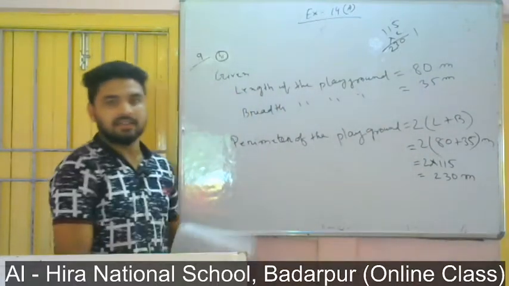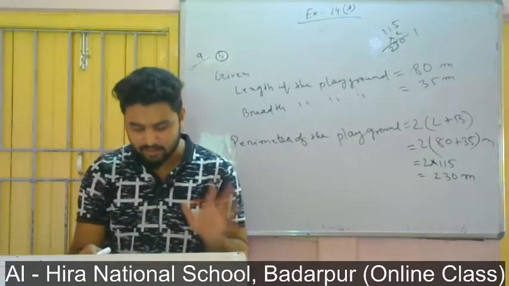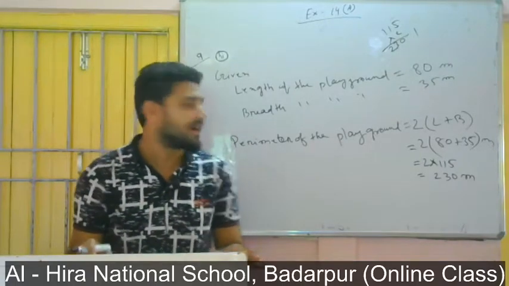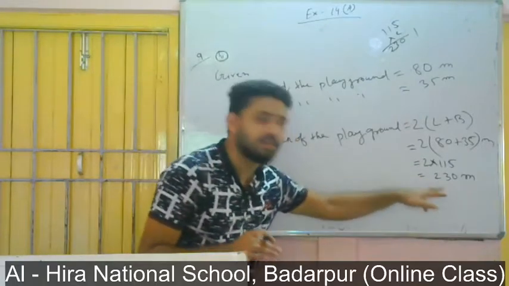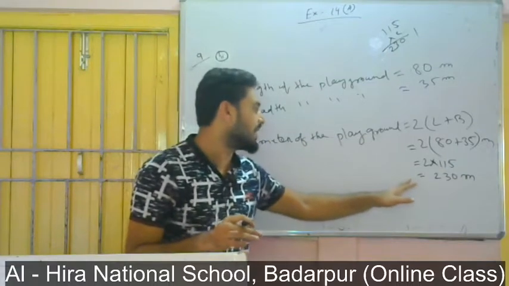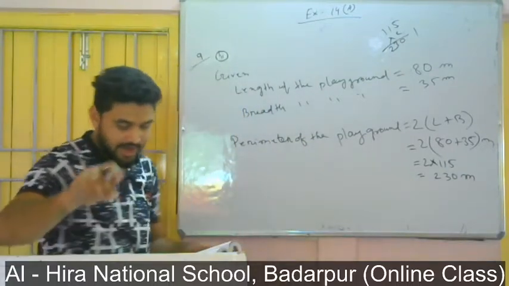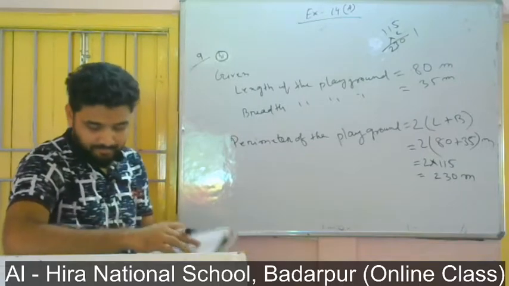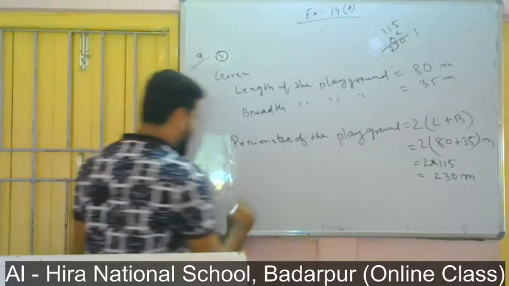That means the perimeter of this rectangular playground is 230 meter, and this 230 meter is used to round 3 times. Then we'll multiply this with 3.